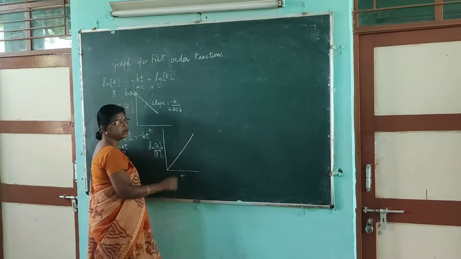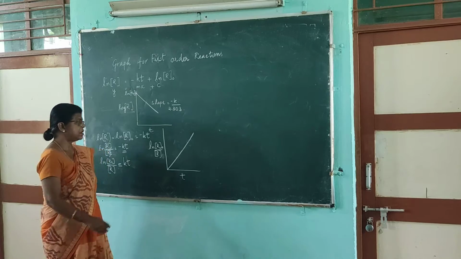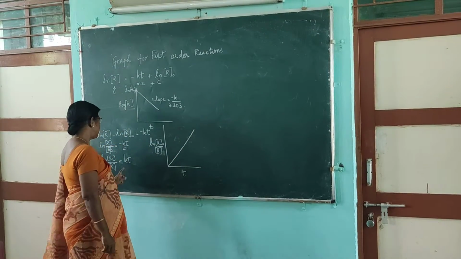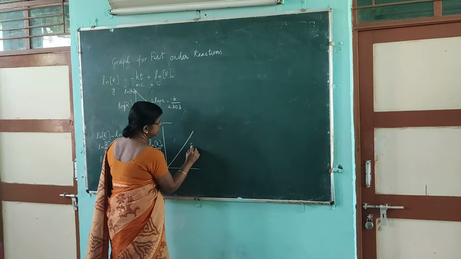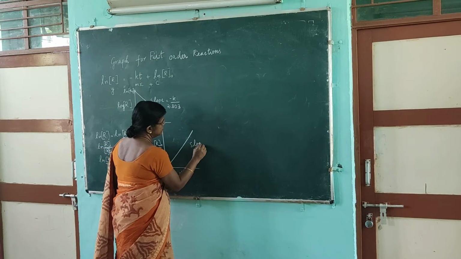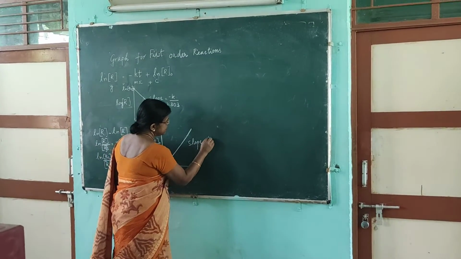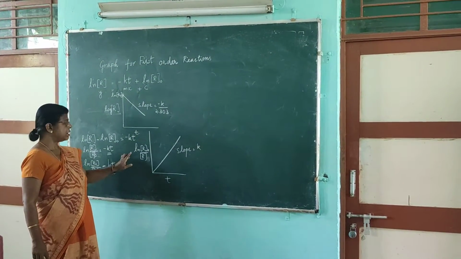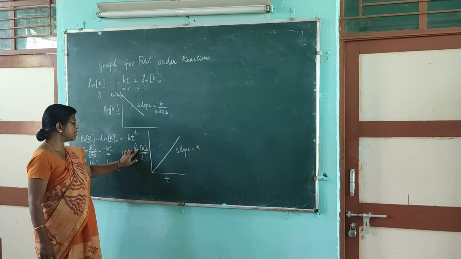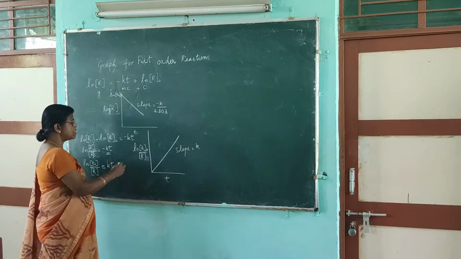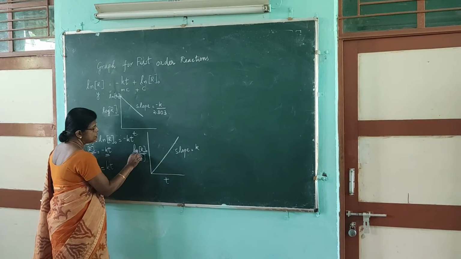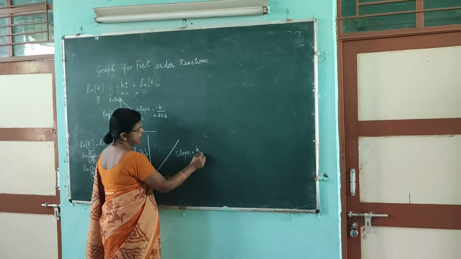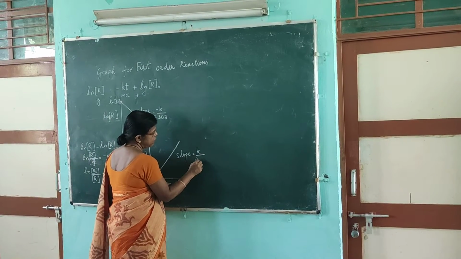For convenience, we are doing it. And here you can see the slope is positive. What is the slope? Slope is k. Suppose instead of this natural logarithm, you are plotting log r naught upon r. What will be the slope? k upon 2.3.